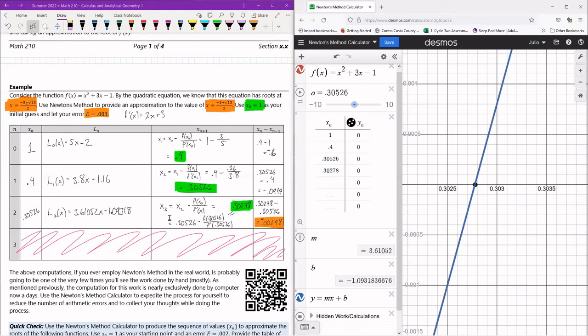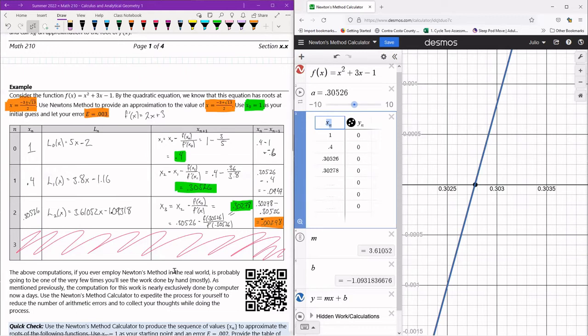And those just make you so angry when you do them, right? So try to skip them as best as you can. Try to use the calculator wherever possible, okay? Get through the process. For these problems, so long as you give me the sequence of values, so long as you give me this table that's right here from the Newton's method calculator, I'll be perfectly fine with that submission, okay?